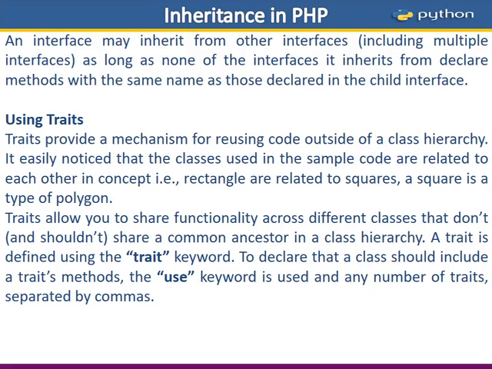Traits allow us to share functionality across different classes that don't share a common ancestor in a class hierarchy. That is the function of a trait. We use the trait keyword. To declare that a class should include a trait, the use keyword is used, with any number of traits separated by commas. So a trait provides a mechanism for reusing code outside of a class hierarchy.